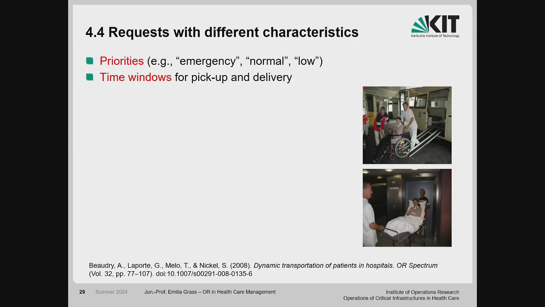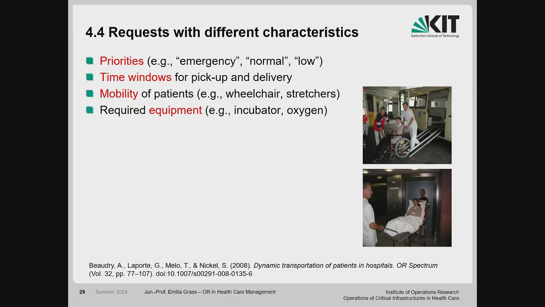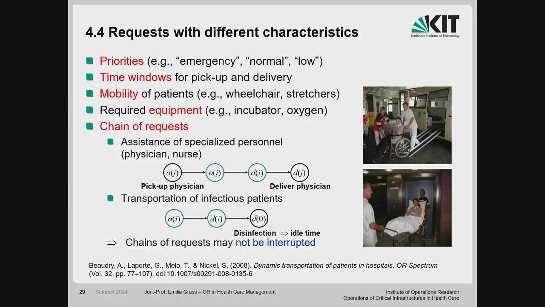Often we know that a patient should be at the surgical ward at 10 a.m. This is known. The problem is the mobility of the patient. Some need a wheelchair, some need stretchers and so on. So we also have to differentiate between the patients and the required equipment, incubator, oxygen. Is it an intensive care unit patient that requires more equipment than the others?